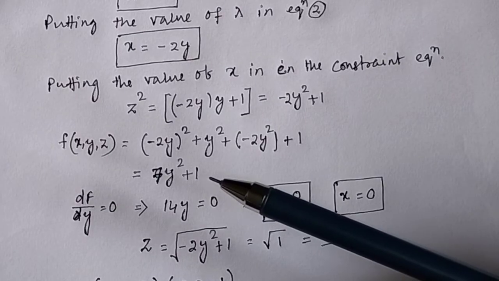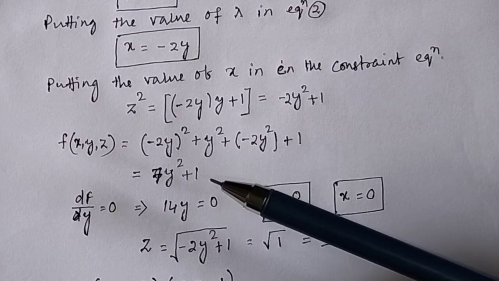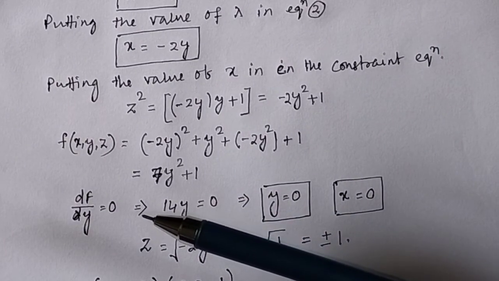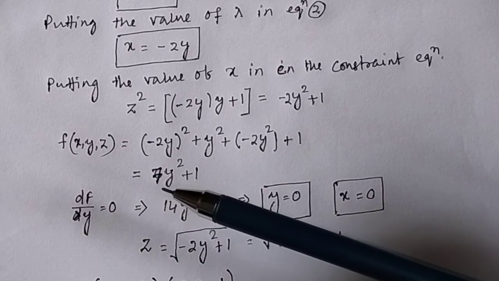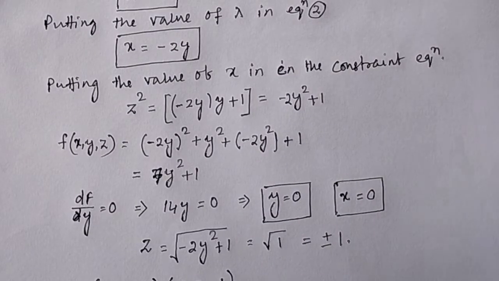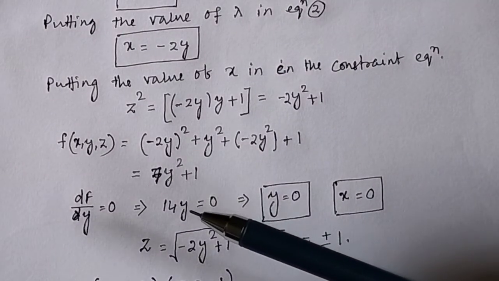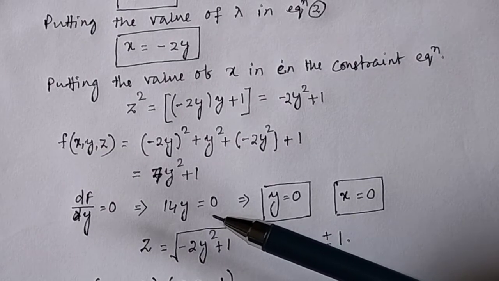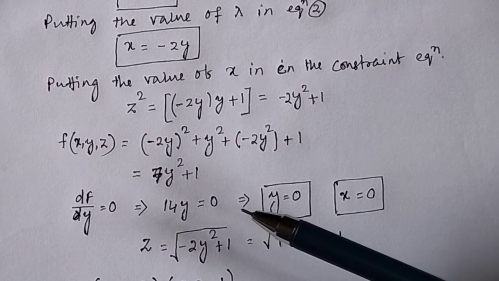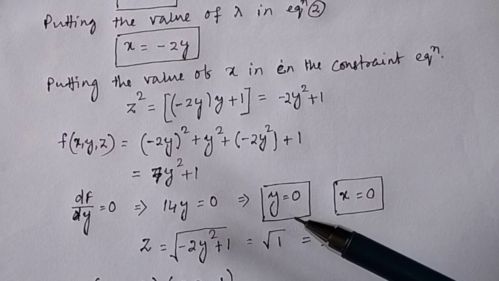Since you have to find the critical or stationary value, at the critical value the derivative of the function will be equal to 0. If you find the derivative of 7y² + 1, that is 14y, and 14y will be equal to 0. So what will be the value of y? y will be equal to 0.